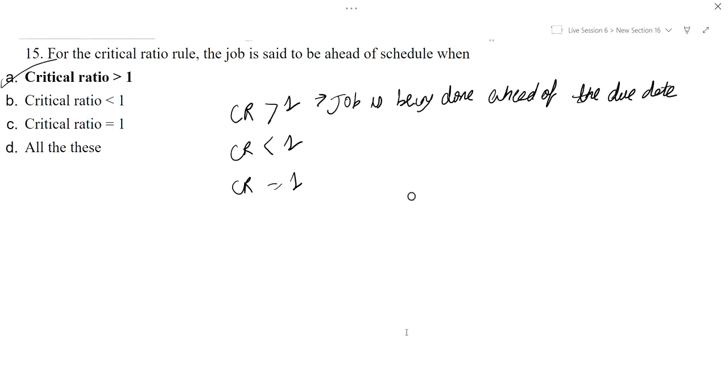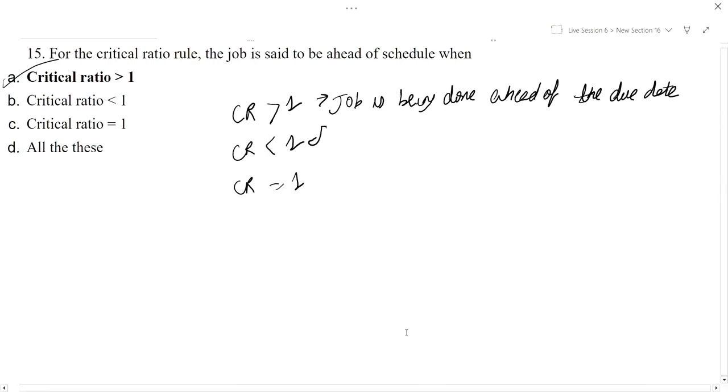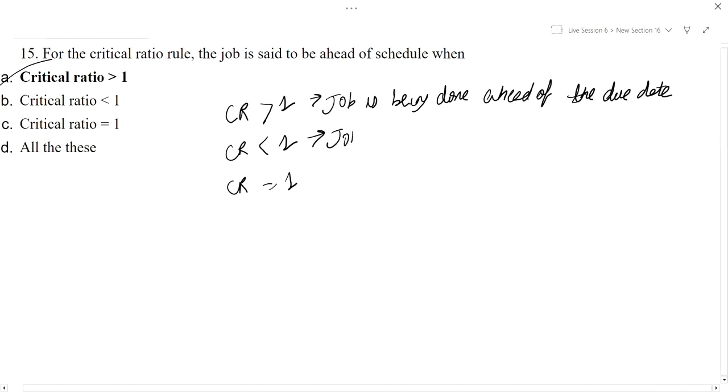Less than 1, it is behind, the job is being done behind the due date. Job is on time, equal to 1.